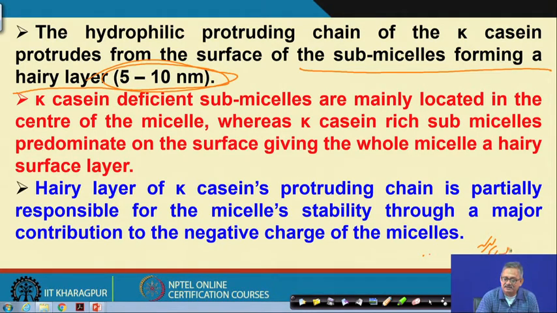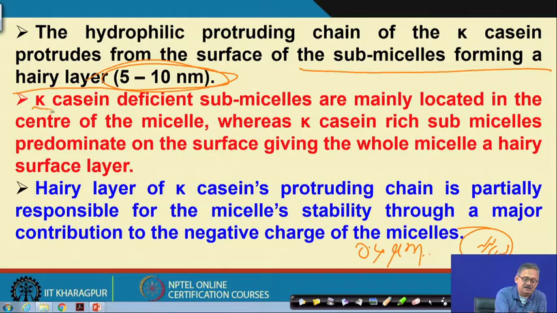You remember we said the micelle is around 0.4 micrometer, and these hairy layers are around 5 to 10 nanometers, right.